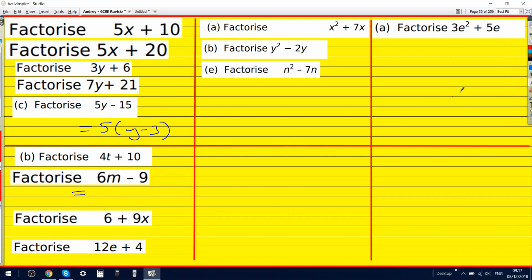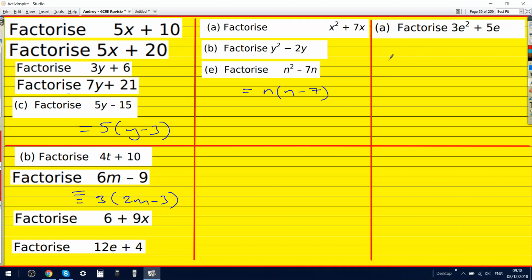Yeah. So that'd be 3 and 2m minus 3. Yep. Let's say a in the middle. So n and then n minus 7.